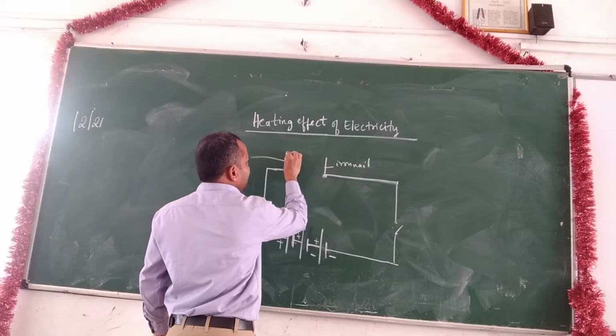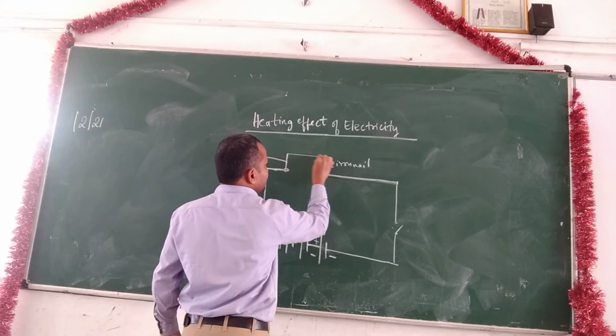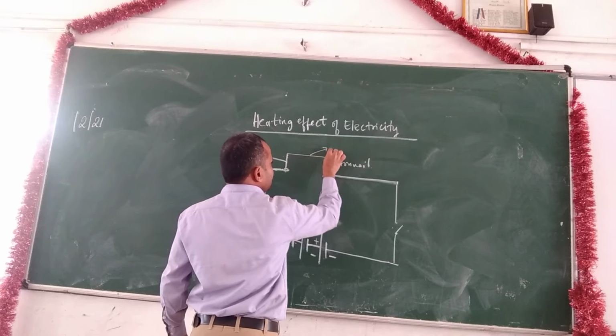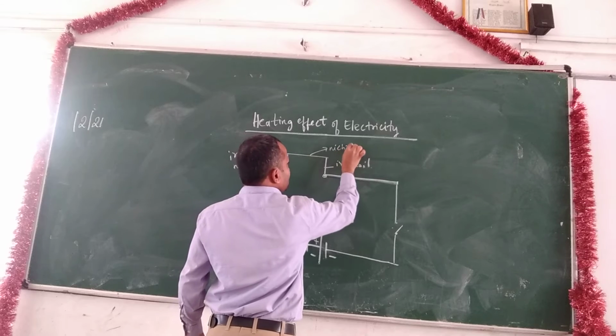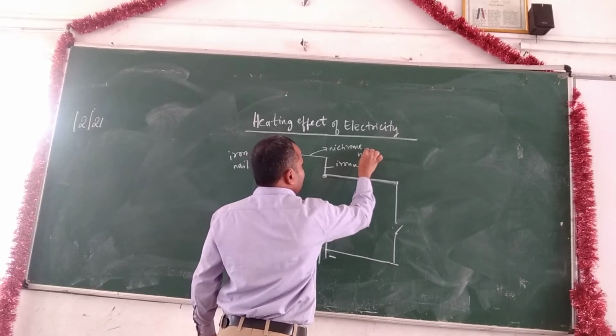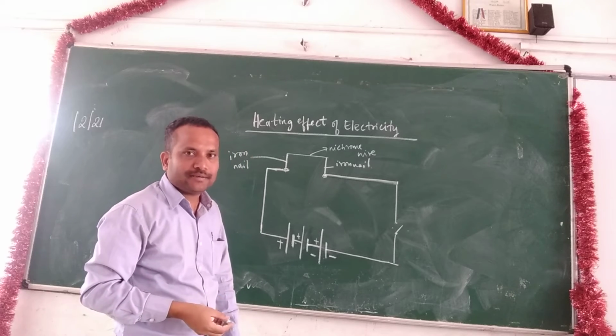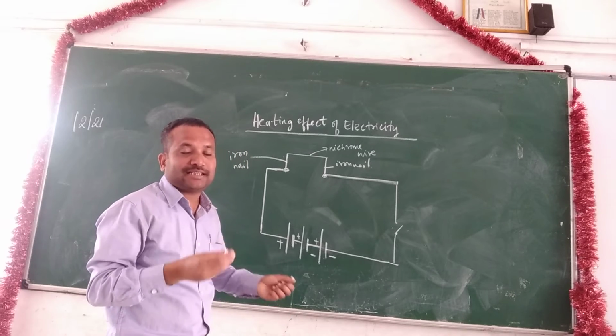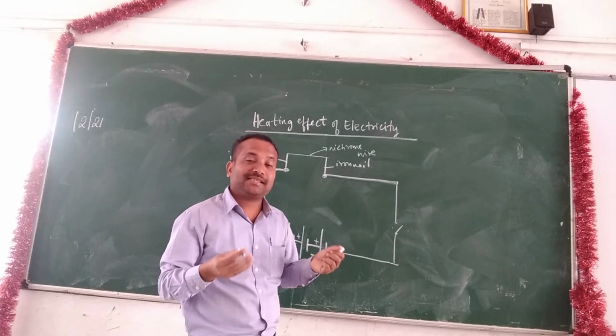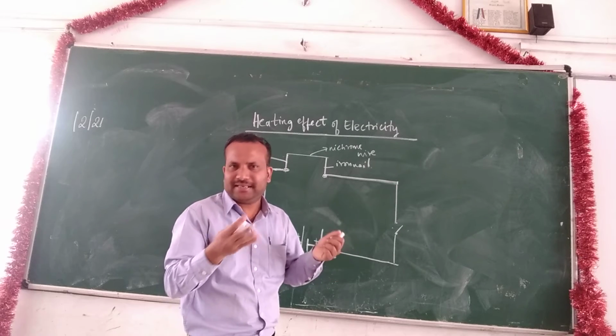So, to the ends of the nail, I am going to connect a wire. This wire we can call the nichrome wire, which is very thin. It can conduct a lot of current, means current can pass through it very easily.